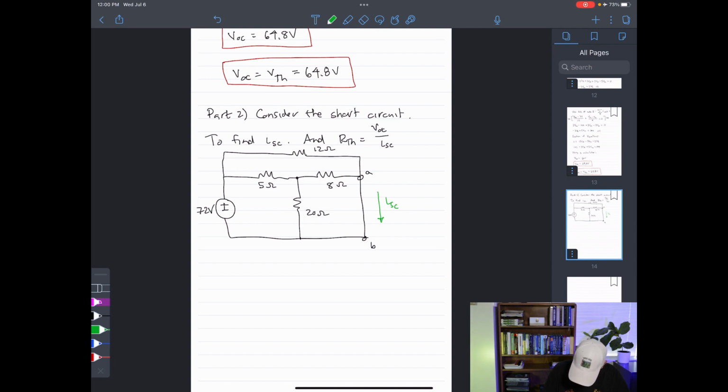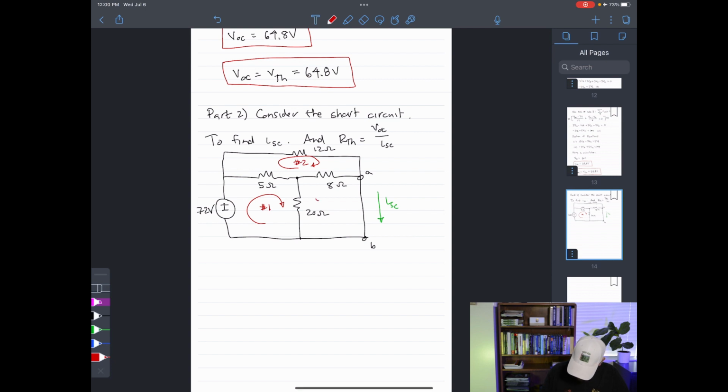This I'm going to call mesh number 2. And then lastly, I'll call this mesh number 3. So I'm going to use the mesh current method to set up a system, and then I'm going to use my calculator to solve.